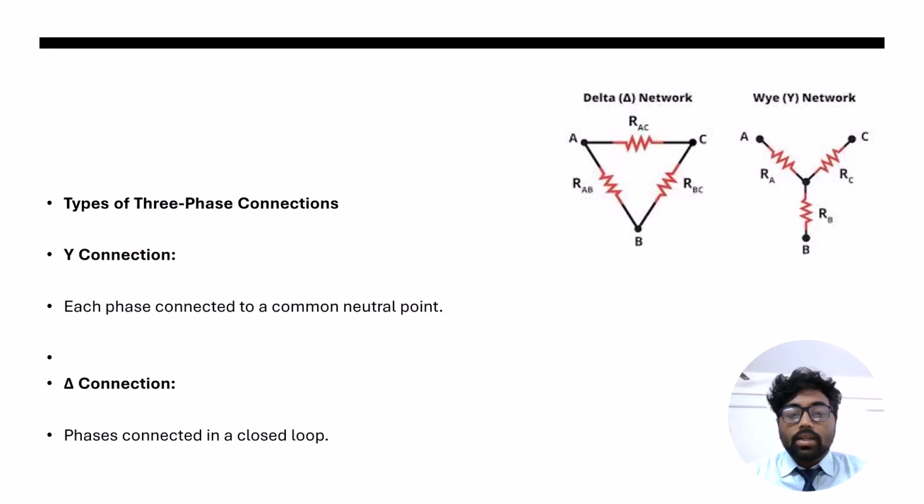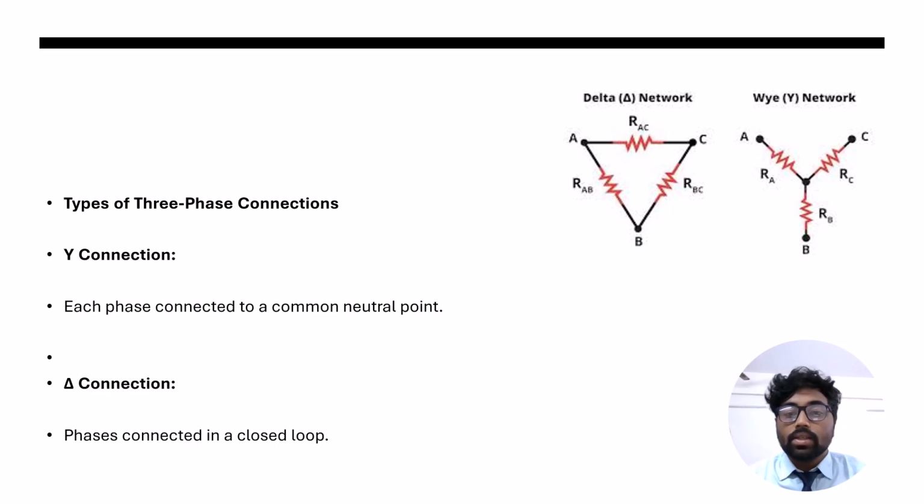Then my next slide is the connection of three-phase circuit. There are two types of connection. One is Y connection and the other is delta connection. Y connection, we can explain, is connected to a common neutral point. Here we can see the Y connection photograph.